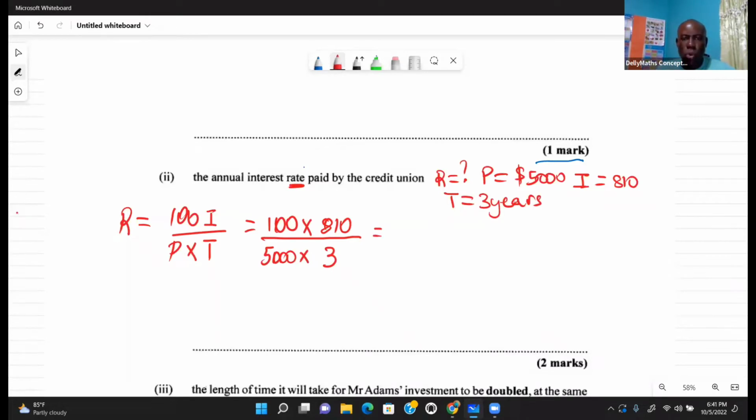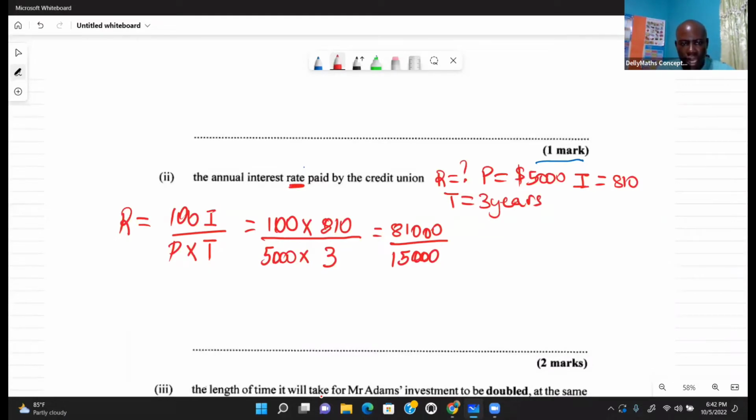What I'm going to do is just work out what is at the top. 81,000. I'm looking at 81,000 divided by 15,000, when I multiply the 5,000 times the 3.